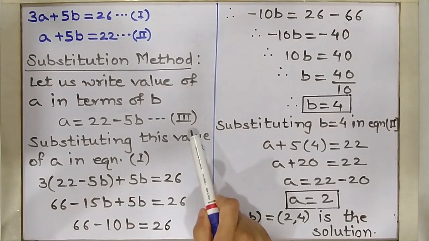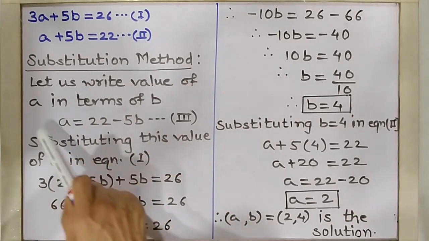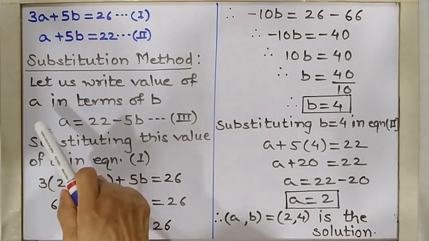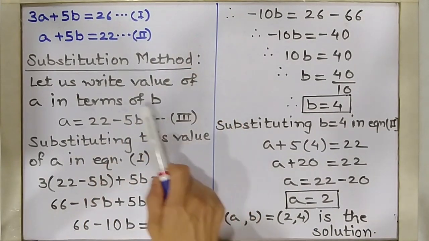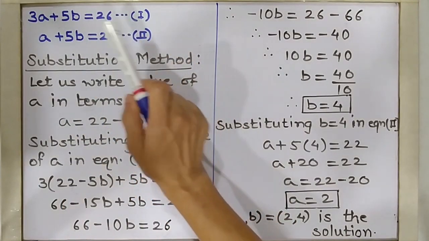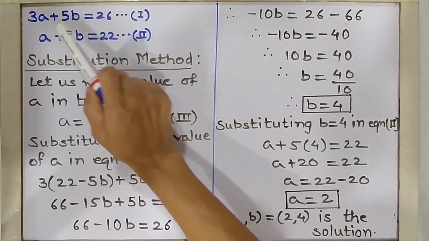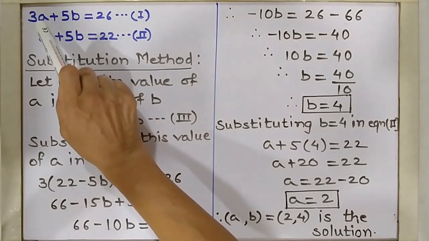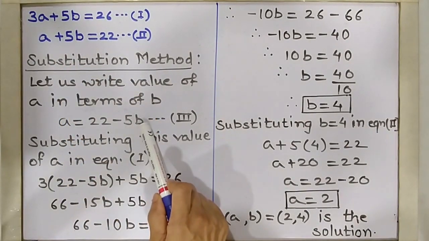I'll substitute this value of a in equation 1. To find the value of a, I had used equation 2. Now I'll substitute it in equation 1. My equation 1 is 3a plus 5b is equal to 26. Now this will become 3 into, instead of a, I will write 22 minus 5b.